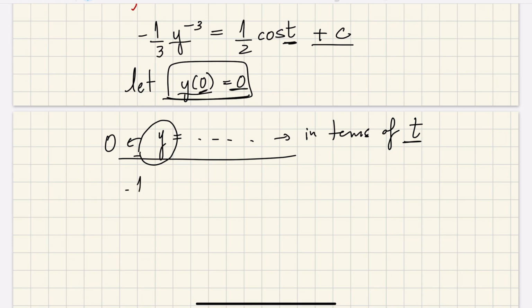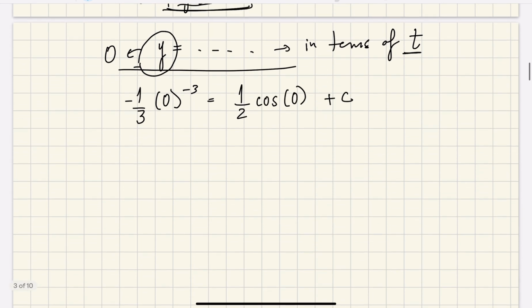So you have negative 1 over 3 times 0 to the negative 3 is equal to 1 over 2 cosine 0 plus c. This is just 0. And this cosine is 1. So we have 0 is equal to 1 over 2 plus c.